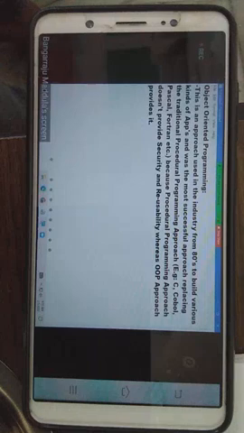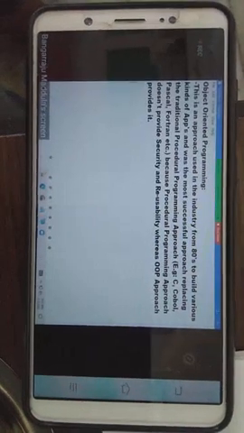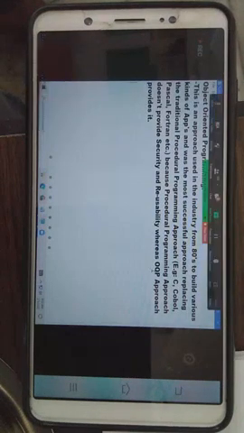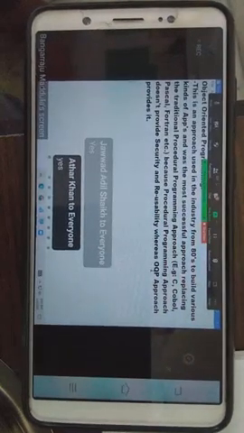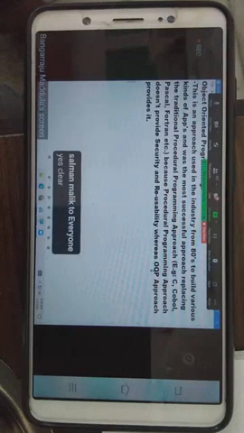Is everyone clear with this? Understood? The procedural programming approach doesn't provide you security and reusability, whereas the object-oriented programming approach will provide you both security as well as reusability. Both these things are available to you in the object-oriented programming approach.